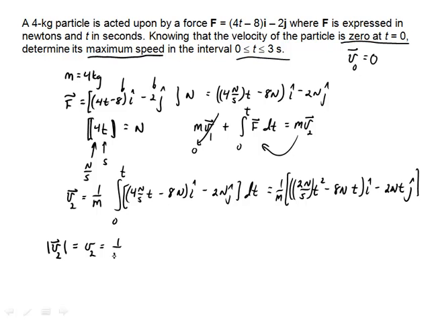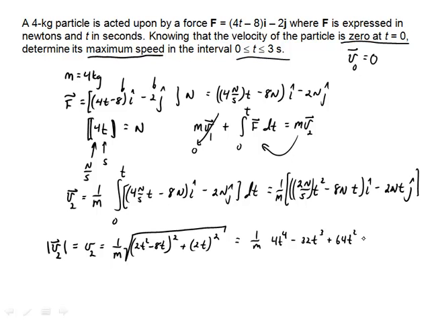So this will be equal to 1 over mass, and I'm going to drop my units now. I get (2t squared minus 8t), that's the x component, squared, plus (negative 2t), that's the y component, squared, and I take the square root of all of that. So this is 1 over mass times (4t to the fourth minus 32t cubed plus 64t squared plus 4t squared) all to the 1/2 power.